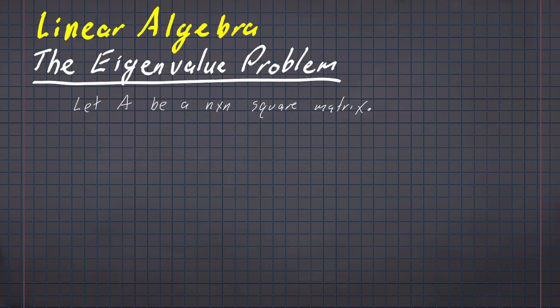We need to start with a square matrix, an n by n matrix that we're calling A. Our goal is to find a vector in Rn and a scalar, which traditionally we represent using the symbol lambda.